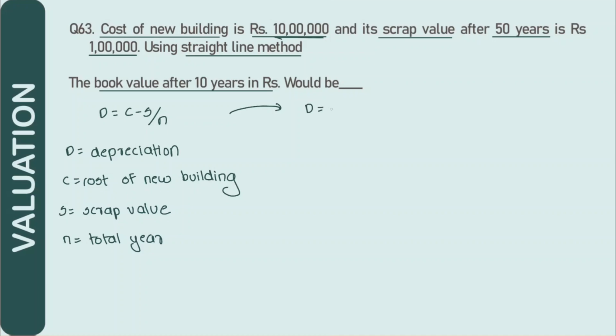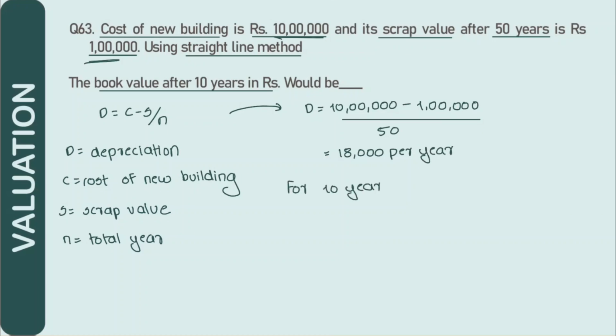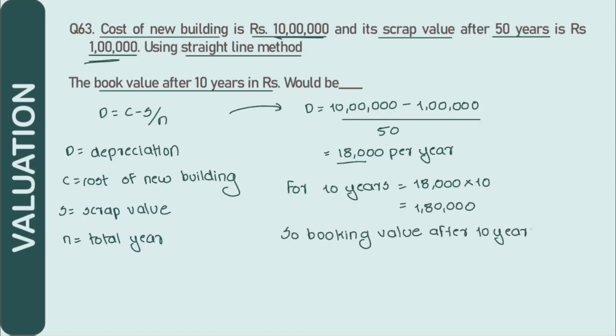So putting all the values, we get that annual depreciation will be 18,000. But for 10 years, the value will be 18,000 into 10, that is 1,80,000. So the book value after 10 years would be 10 lakhs minus 1,80,000, that would be 8,20,000 rupees.